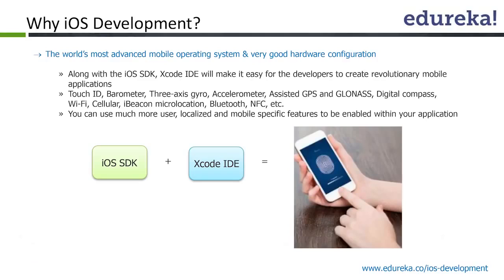You will have assisted GPS, 3-axis gyrometer, barometer, and all those things. The iOS SDK along with the Xcode IDE will help you a lot in iOS development. It will be very easy for you to generate very good applications using all these features.